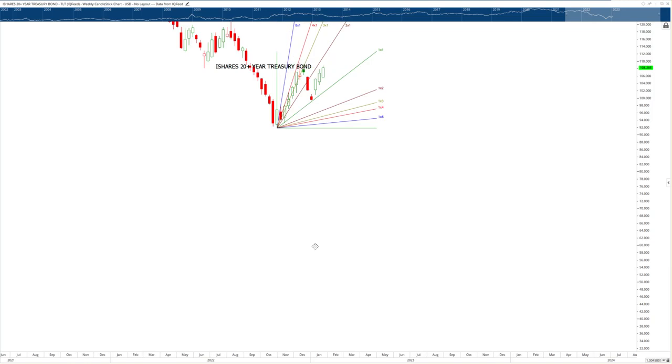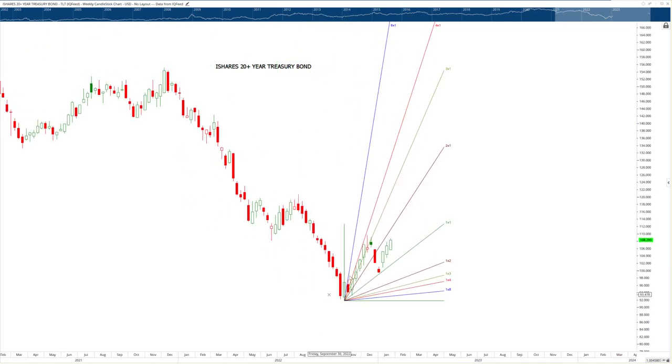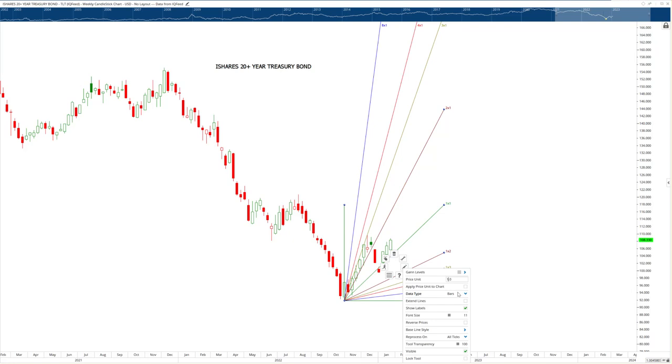So let's see if the same Gann line would work drawn up from low instead of down from high. So instead of 1 point per week drawn down from high, we're drawing it up from low, and let's see what we get. It's 0.80, so we want that to be 1.